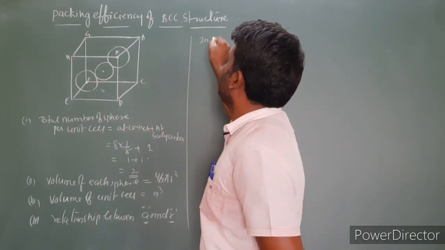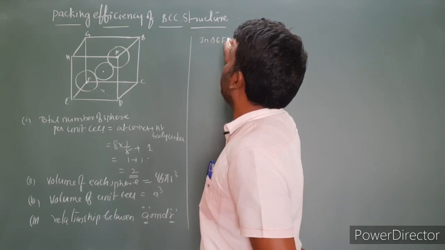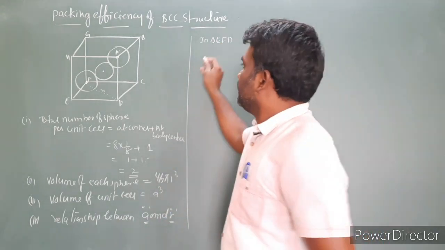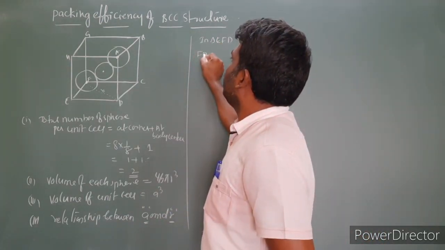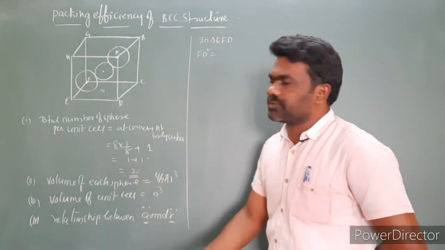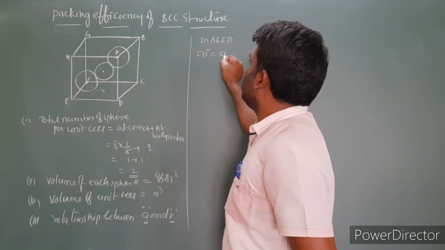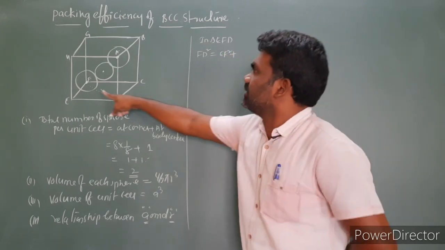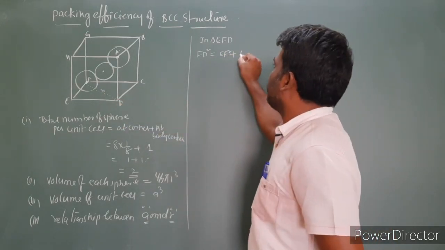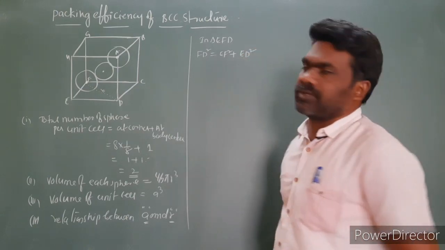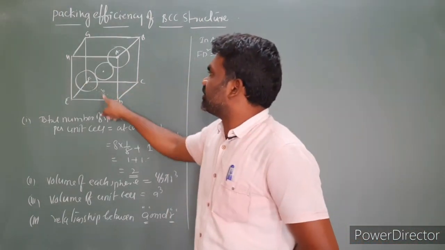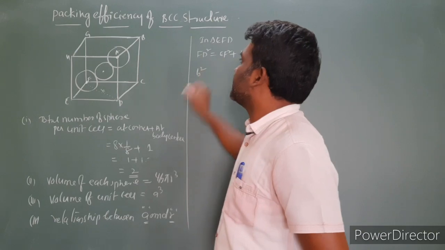In triangle EFD, by using the Pythagoras equation, FD square is equal to EF square plus ED square. So FD square is nothing but b square.